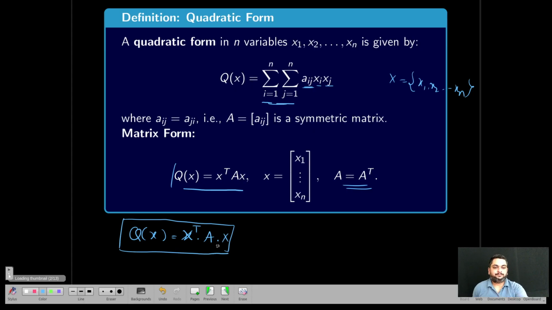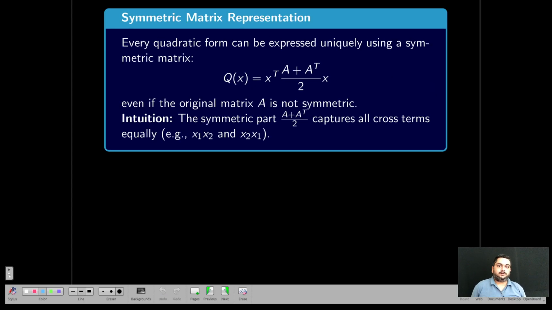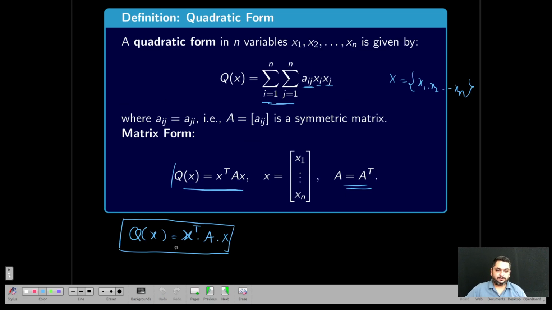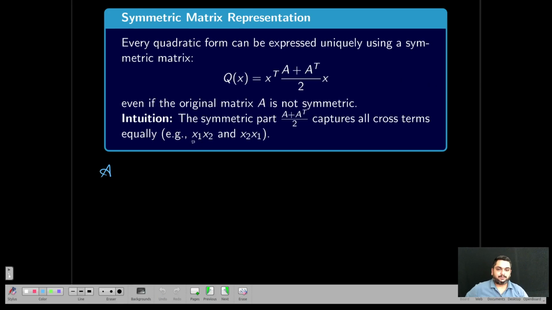Next, sometimes your matrix A is not symmetric. In q of x equal to x transpose A x, A should be symmetric. That is the condition. So if A is not symmetric, how will you make it symmetric? You already know.